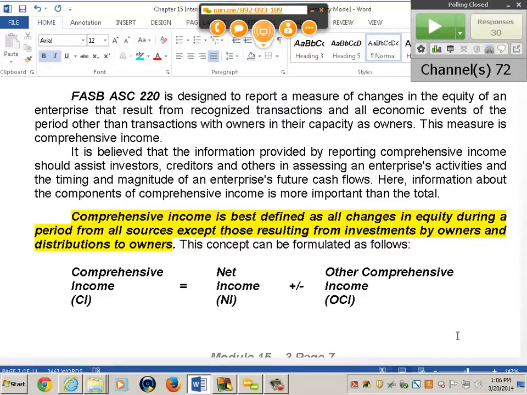Net income, which we know what that is, and other comprehensive income. Now basically what happens here is that net income gets closed to retained earnings, and other comprehensive income gets closed to accumulated other comprehensive income.